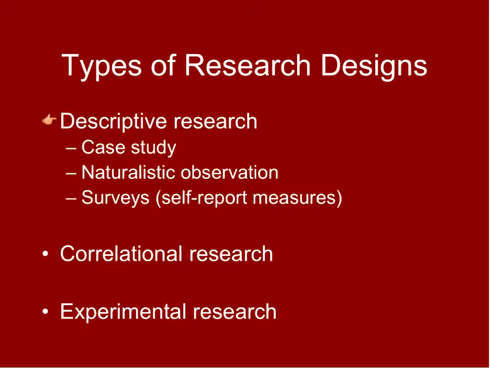Number 1, descriptive research, where we're going to describe some phenomena. In the second type of research design, we're going to look at correlational research approaches, where we look for associations between variables. And then in the third type, which is what we'll finish up with in our last 15 minutes or so, we're going to talk about experimental research. Okay?